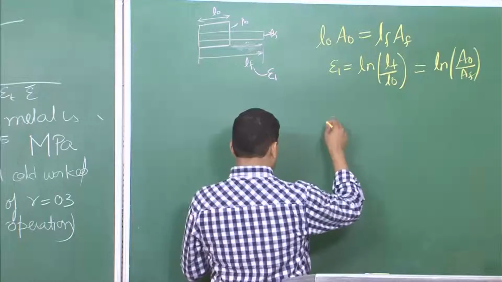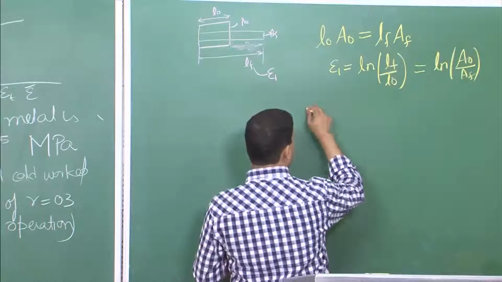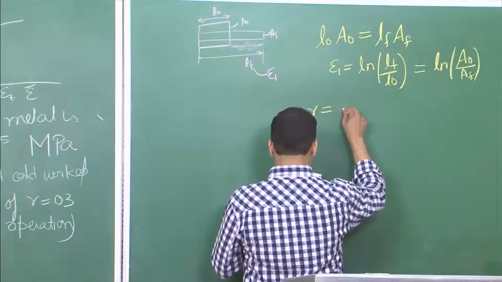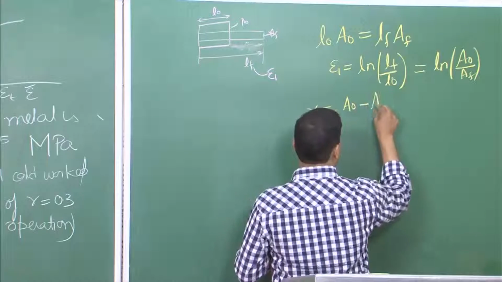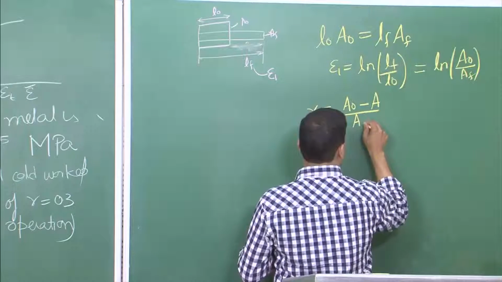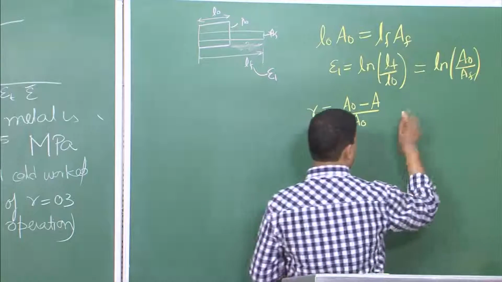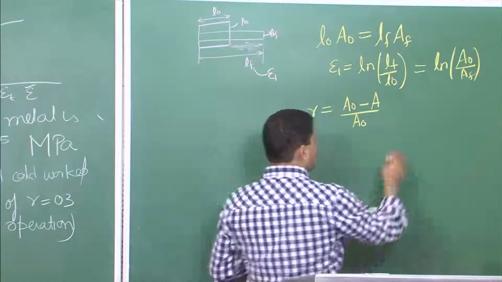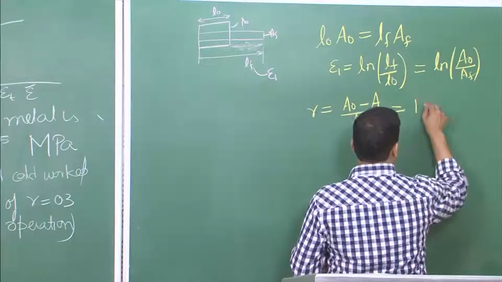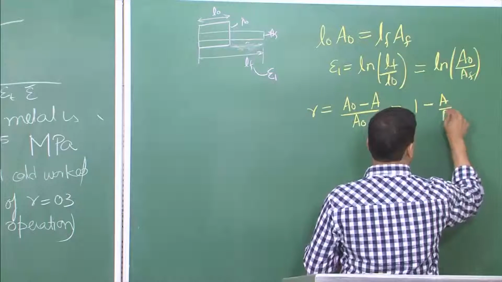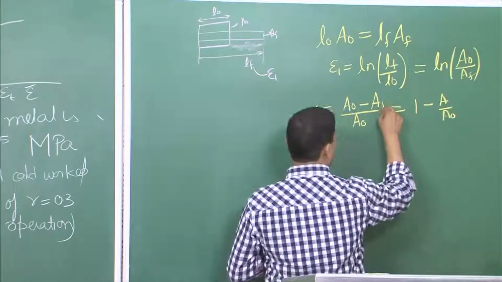Now, R is given, which is nothing but A naught minus A by A naught, and this is given as some value. This is 1 minus A by A naught; A is actually not AF.